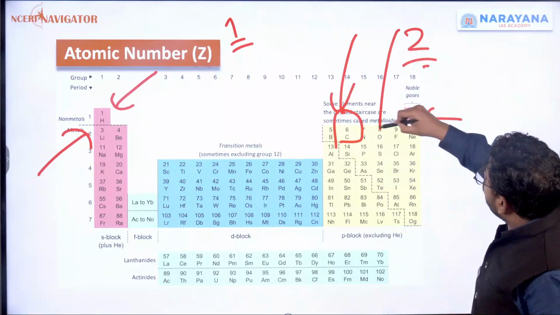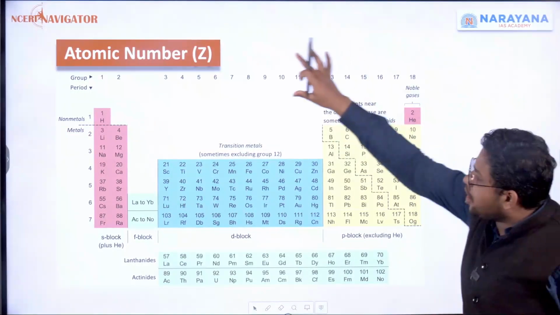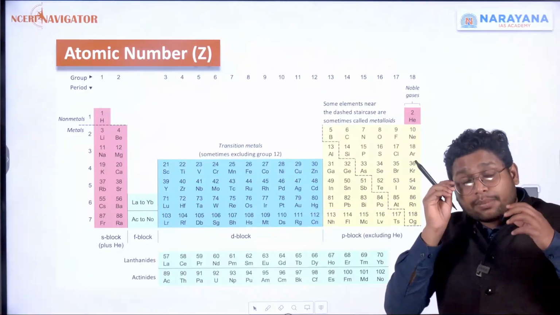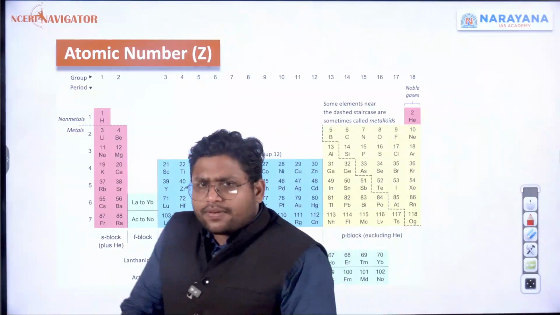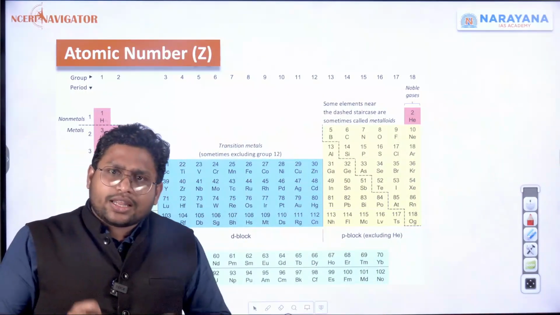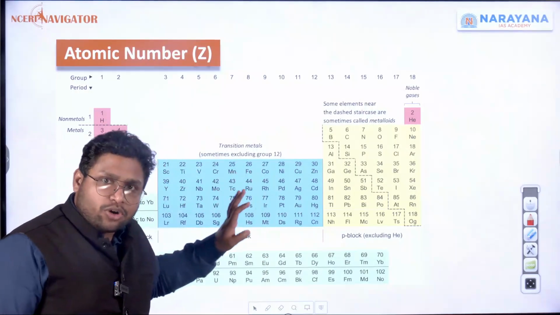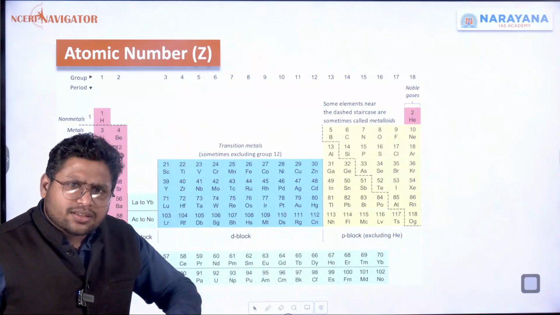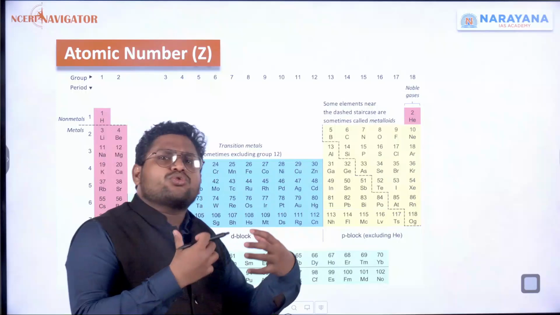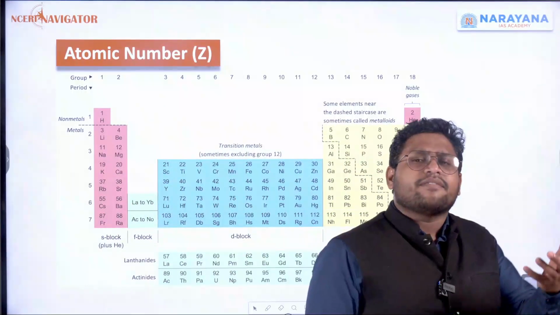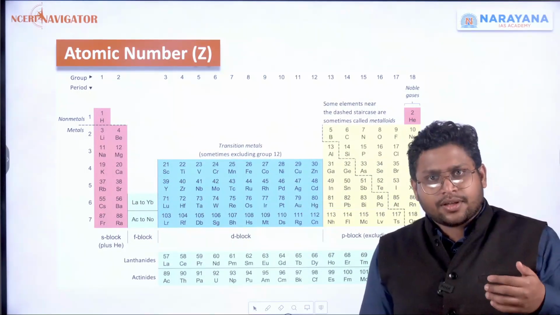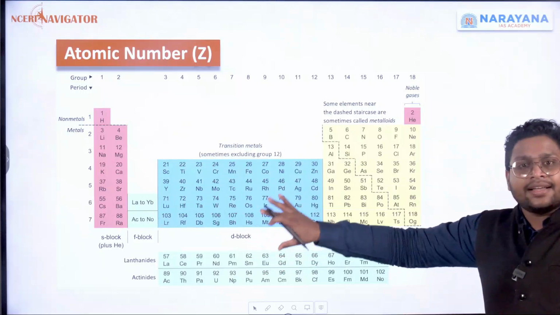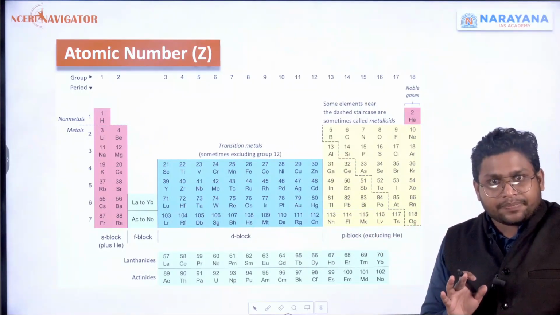In oxygen, a total of 8 protons. And this is how the entire periodic table is made. So whatever elements scientists know till now, those are added in the periodic table. In case there comes a new study or any new discovery wherein we find out some more elements, then those will also be added in this periodic table. Clear?